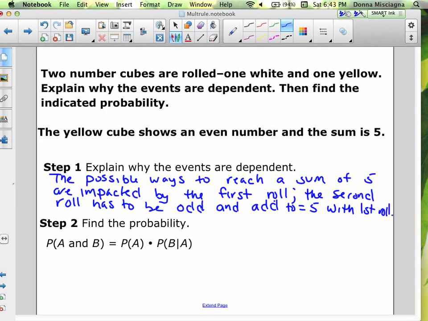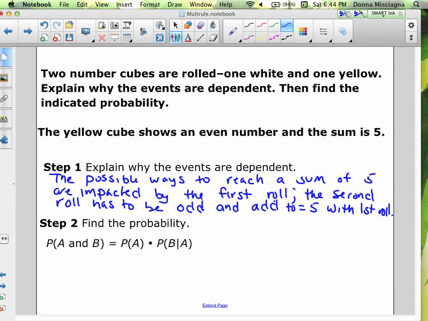So you put that in your notes. There's only so many ways you can get to 5. There are no negative numbers here. And so the sum is 5, that's an odd number. If the first roll has an even number, the second roll can't be another even number because 2 evens are an even number and not going to be 5.